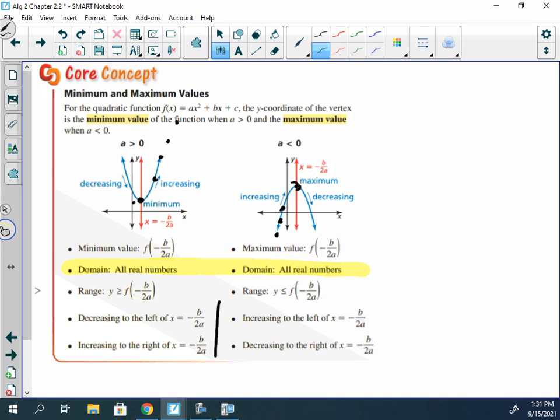All other points are going to be less than it. And the range is going to be all the y values less than whatever the y value of the vertex is. And again, when we start looking at the graph, the increasing and decreasing is going to make more sense. All right?